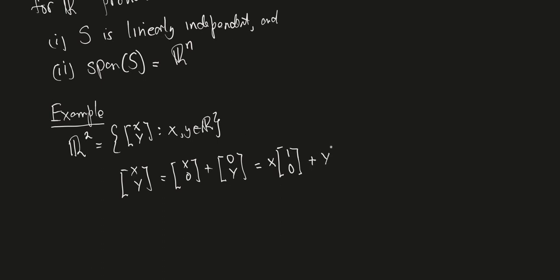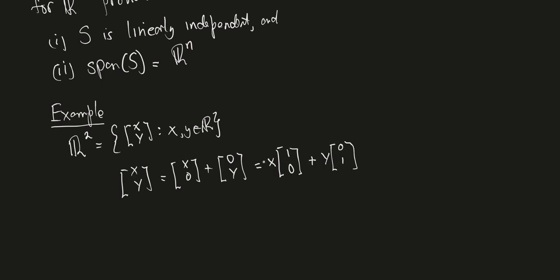Factor out the y, and then I have (0, 1). But if you look at this, this is really just a linear combination of these two special vectors. So with this simple line of logic, what I've shown is that every vector in R2, and there are infinitely many of them, can be written as a linear combination of the vectors (1, 0) and (0, 1), right?